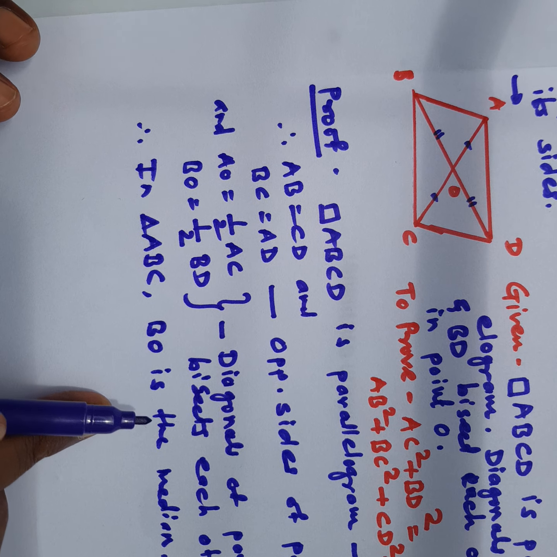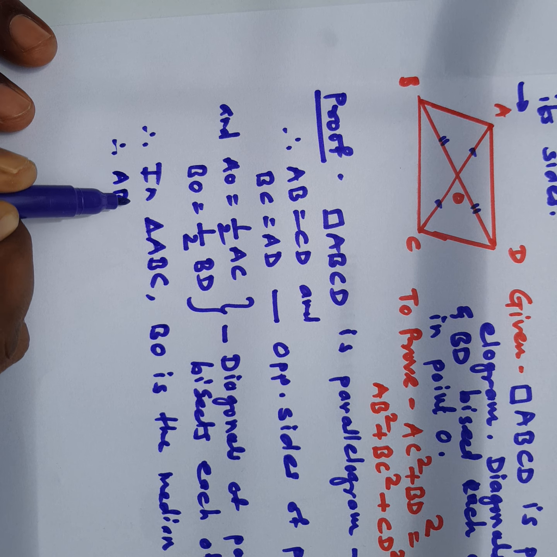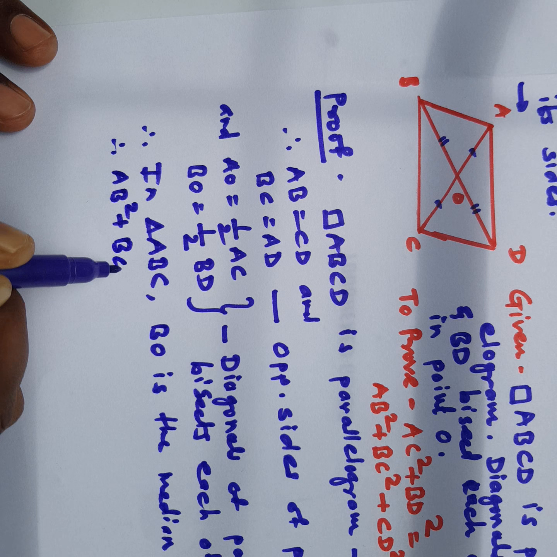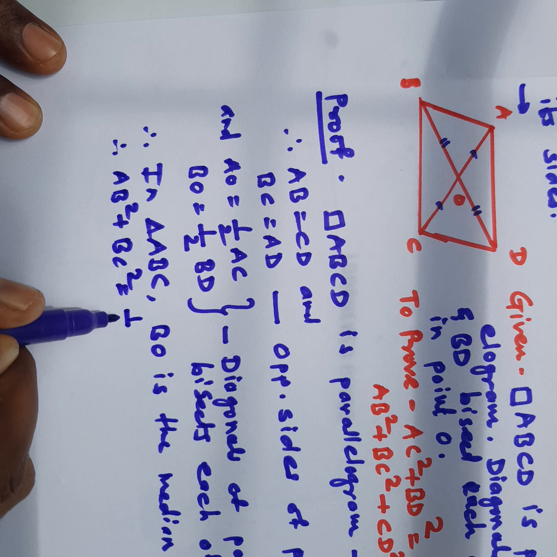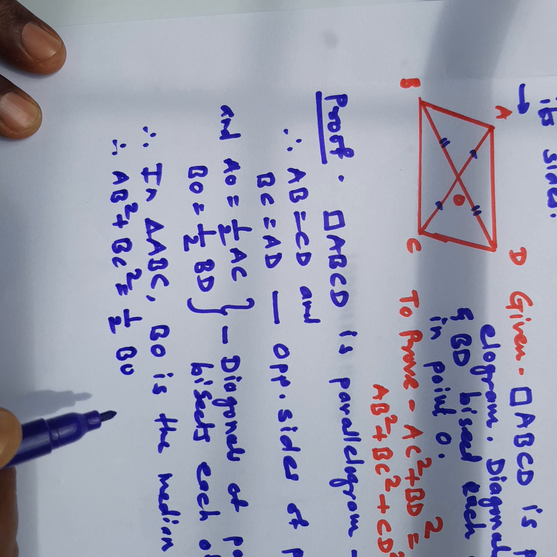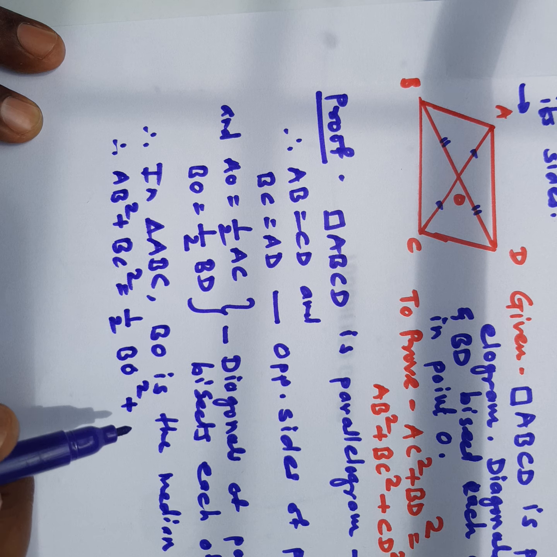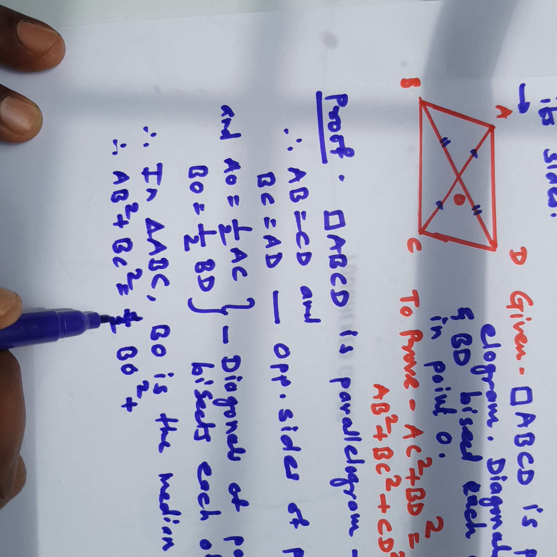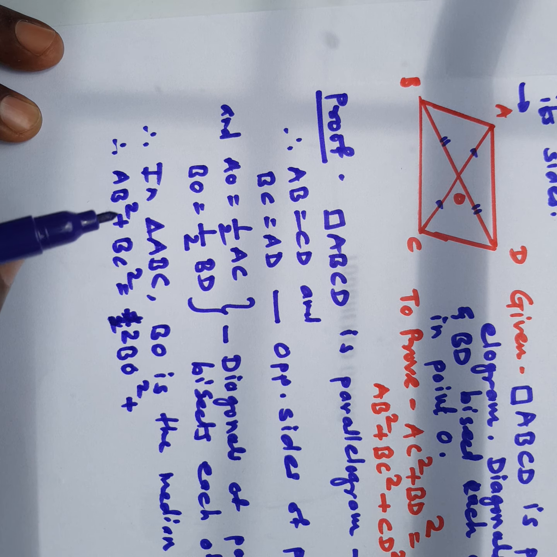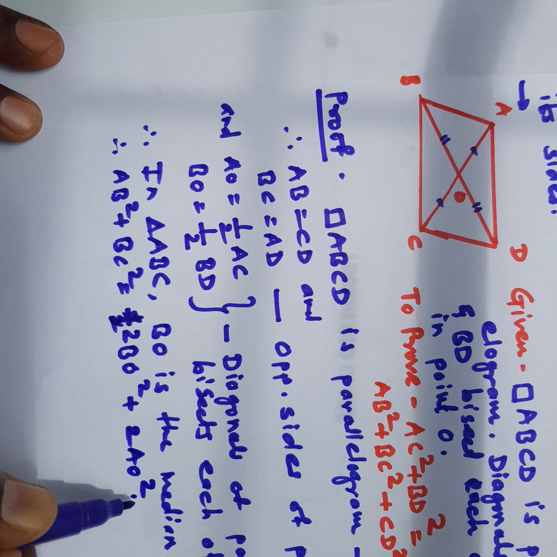Therefore BO is the median. Therefore AB square plus BC square is equal to 2 BO square plus 2 AO square. Here we use Apollonius theorem.